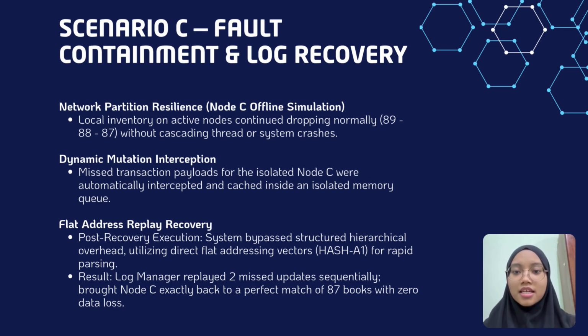The log manager replayed the two missed updates sequentially, bringing node C exactly back to a perfect match of 87 books with 0 data loss. This proves our system is robustly designed to meet high reliability and data integrity levels during unexpected hardware or link failures.